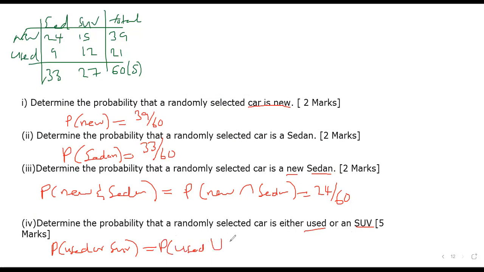Union, correct. So how do we expand this? Probability of used plus probability of SUV minus what? Probability of used intersection what? SUV. All together. Yes.